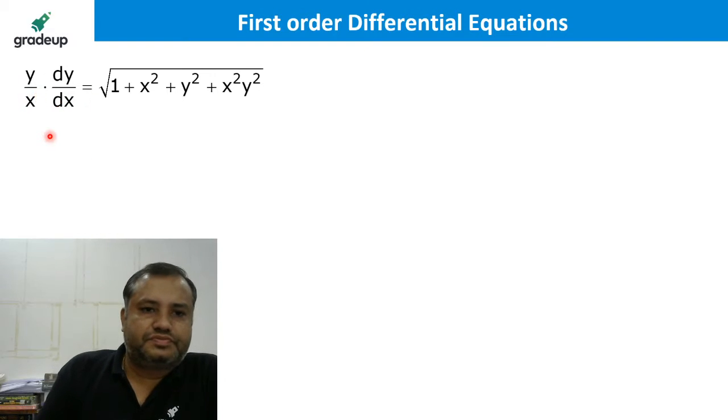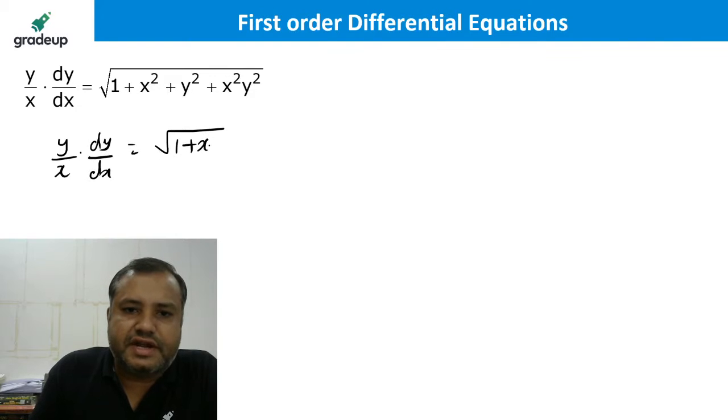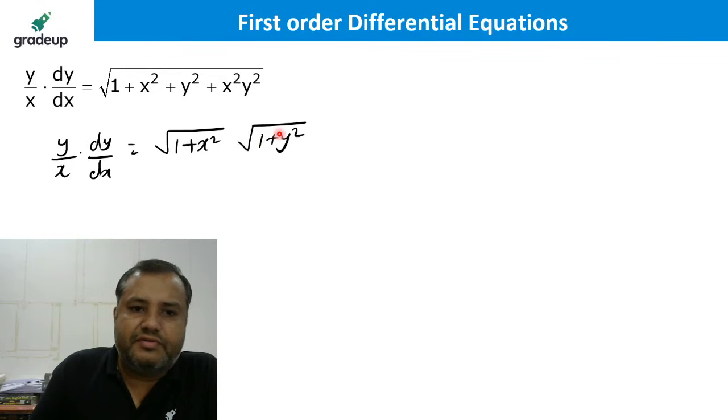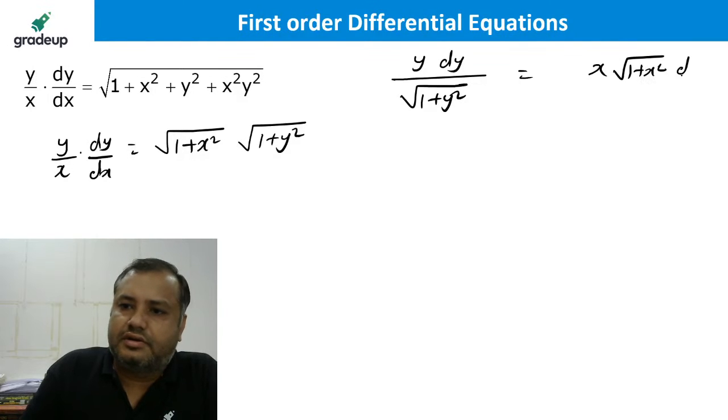Here also, in this question, y by x dy by dx, you can separate the terms on the right hand side. So y dy upon root 1 plus y square and x root of 1 plus x square dx.